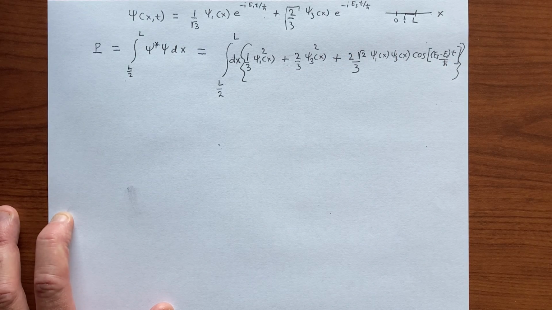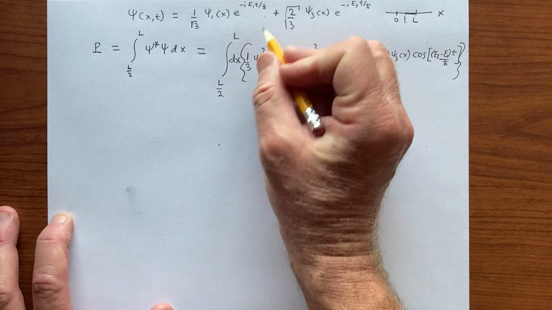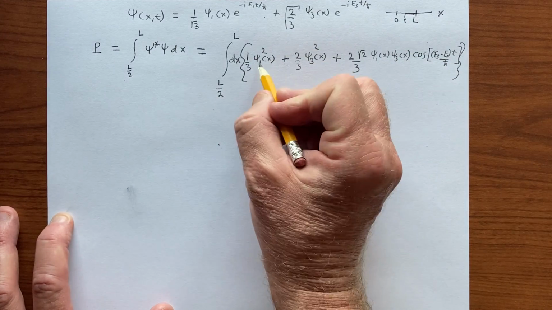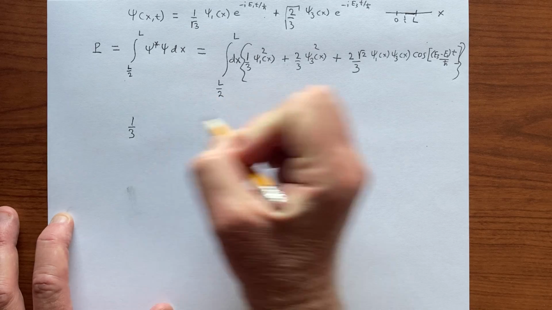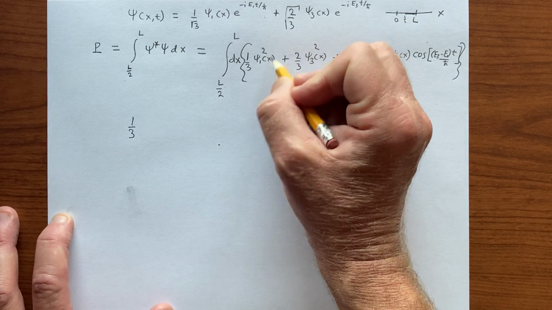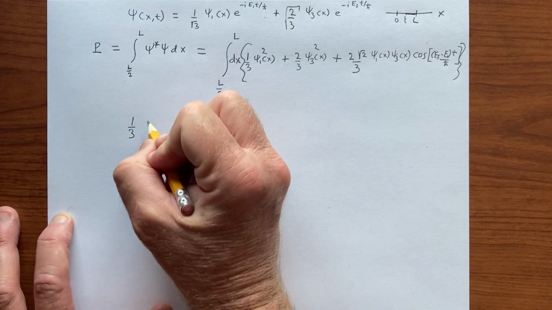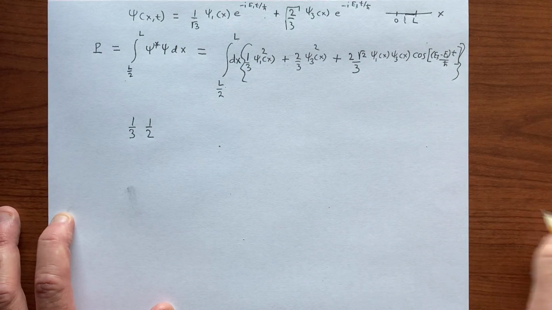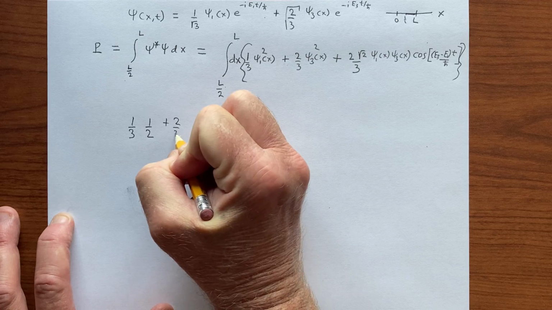The function doesn't prefer one side over the other, so both sides must be the same, and the total integral must give us 1, so that must be 1/2. So we have 1/3. If we had this by itself from here to there, that would give us 1/2, but we have a 1/3 there. So we have 1/3 times 1/2 plus 2/3.